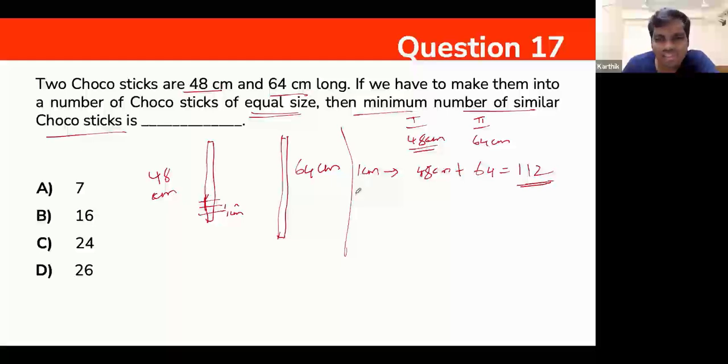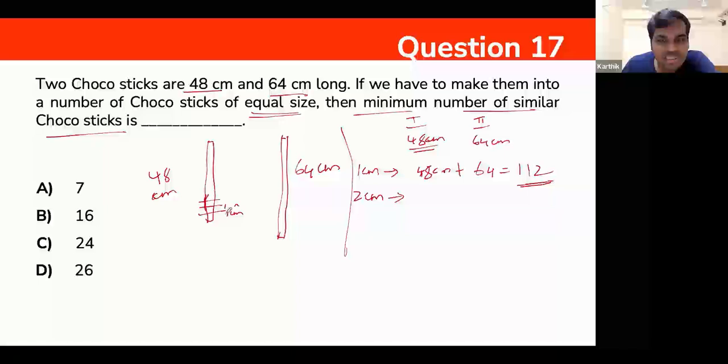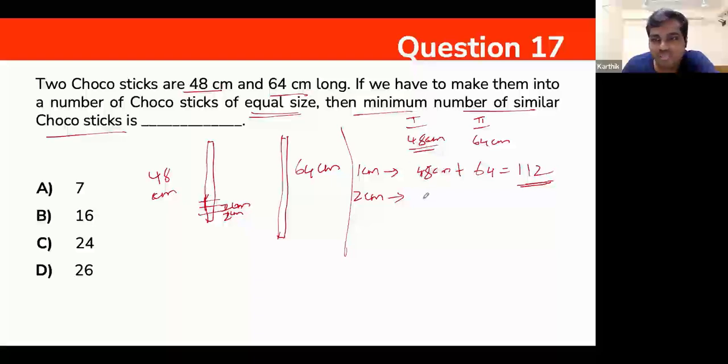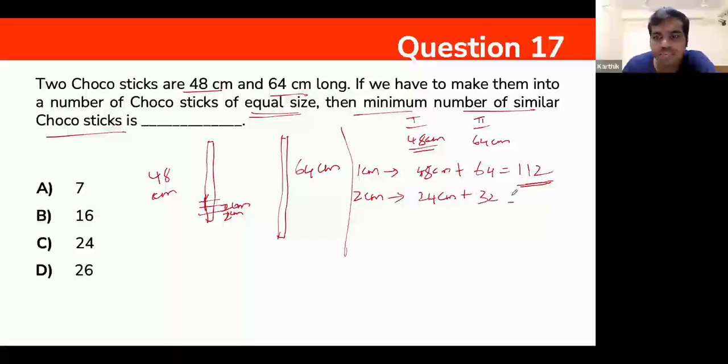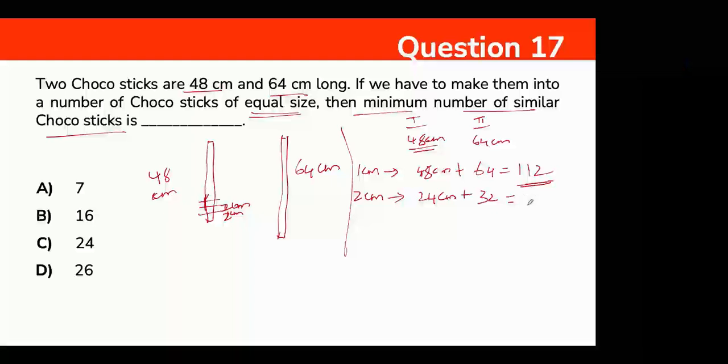Suppose I am increasing this length to 2 centimeters. Instead of 1 centimeter each, I am dividing them at 2 centimeters each. Now, how many sticks will be here? Will it be 24? 24. Here, 32. And totally 56.